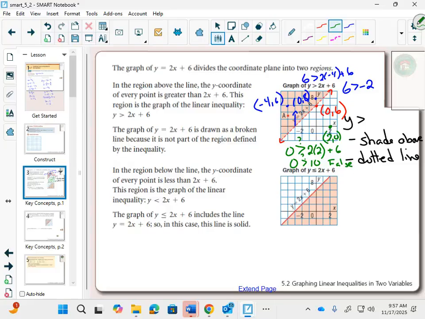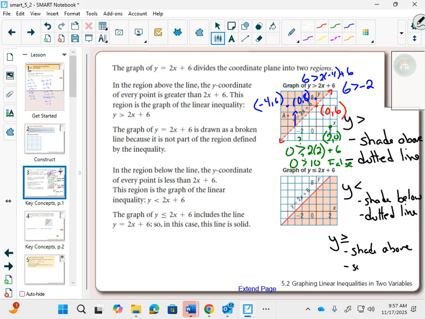Okay, for y greater than and y less than, they'll both be dotted. We use a dotted line when the line is not included. But for y greater than or equal to, here we'll still shade above, but now we're going to have a solid line.